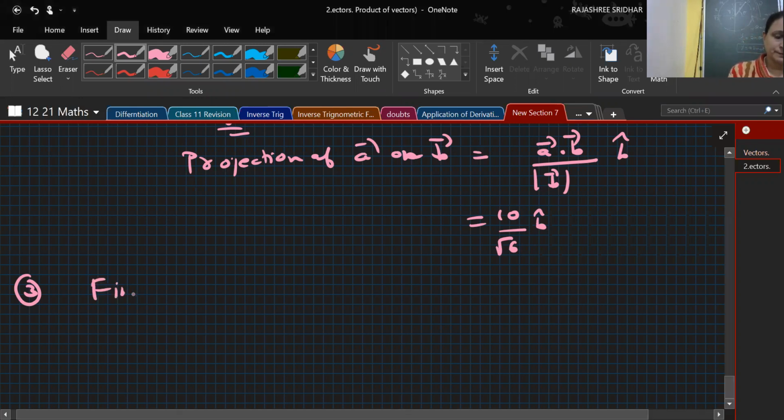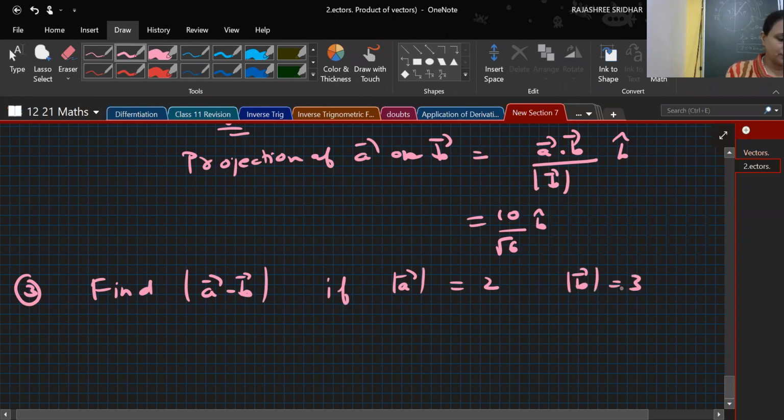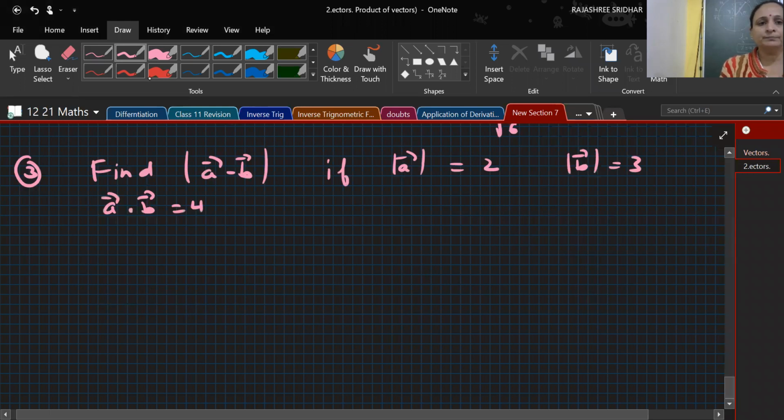Now the next is, find mod of A minus B, if the modulus of A is equal to 2, the modulus of vector B is equal to 3, and A dot B is equal to 4. How do I do this problem?